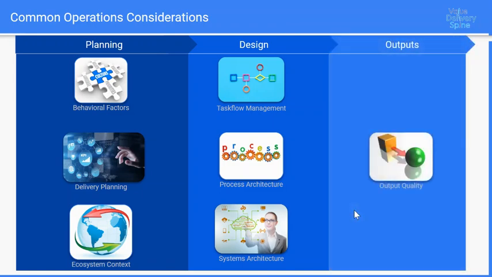Finally, the outputs. Of course, our output has to have high quality, whether it is a candidate that is hired and fits well into the team, or a product launch, or supply chain performance in replenishing our demand, et cetera. The output has to be high quality and measured for high quality, as well as the performance of the process.